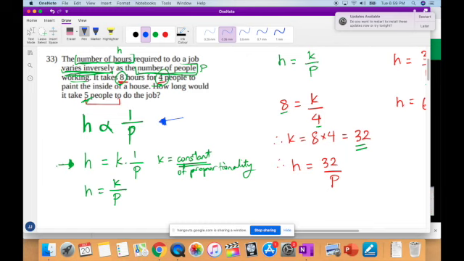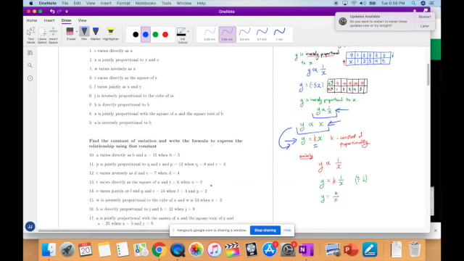Your constant of proportionality is that unknown number, and that number really defines what the relationship is.